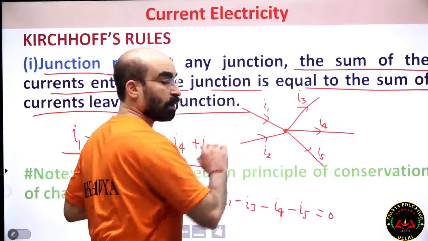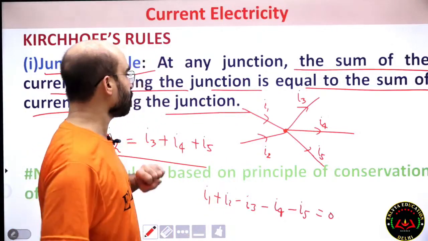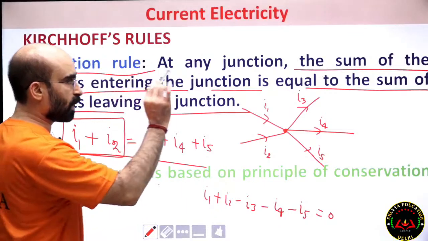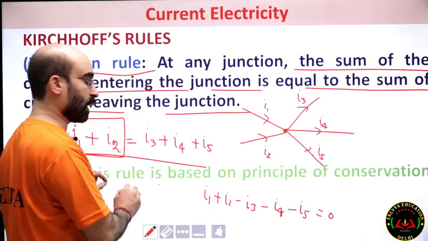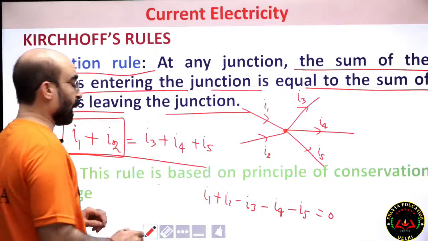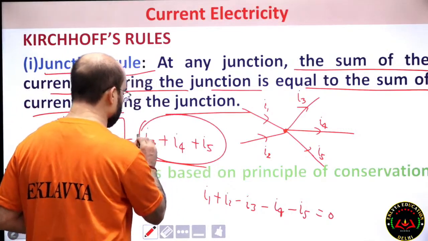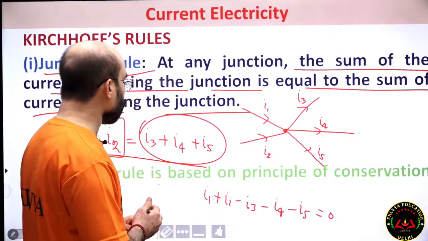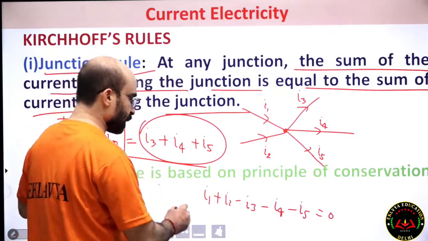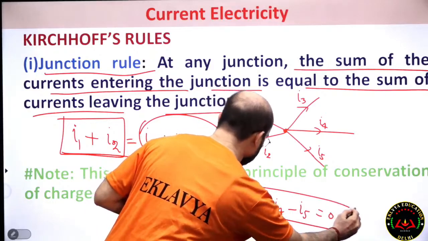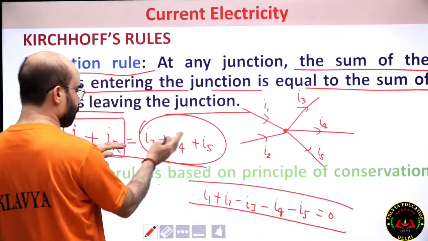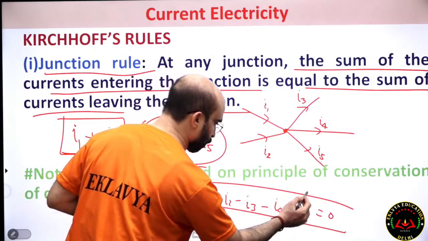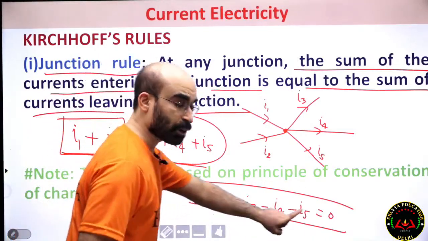As per the statement, the algebraic sum of current entering is I1 plus I2, and the algebraic sum of current leaving the junction is I3 plus I4 plus I5. Now what we will do? We will make this one equation, bringing all of them together. So I1 plus I2 minus I3 minus I4 minus I5 is equal to 0.